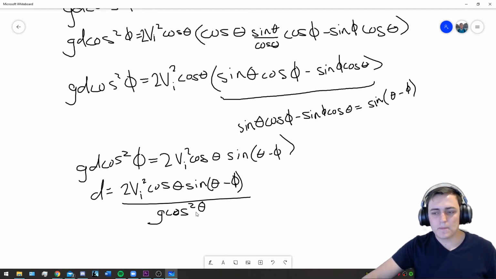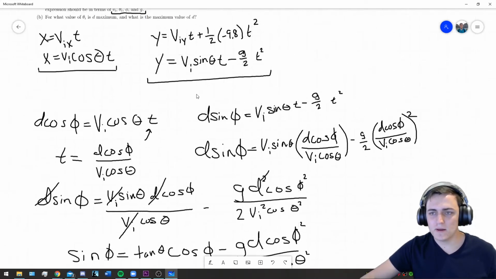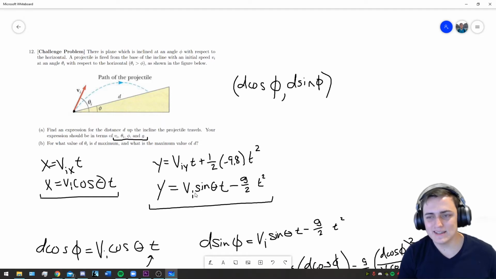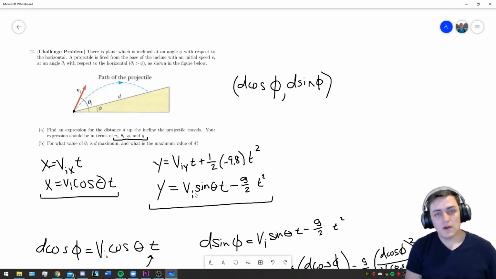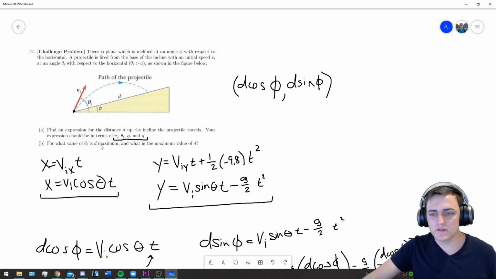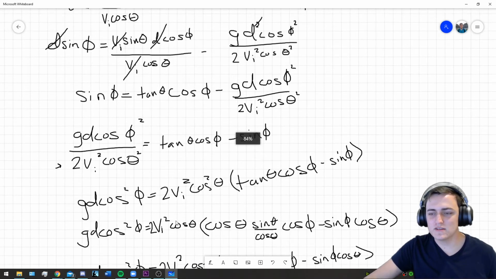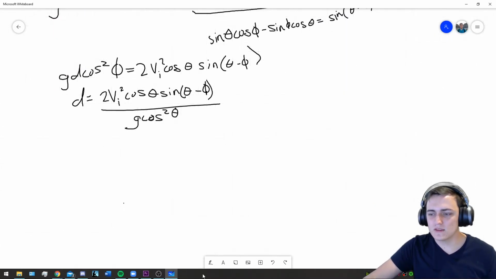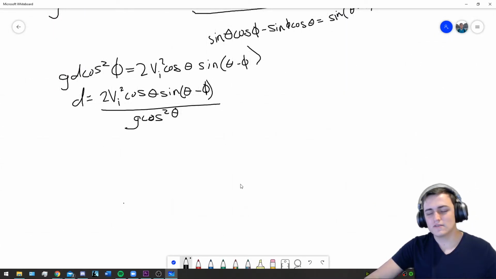Now, part B, go all the way back up, says to figure out for what value of theta is d a maximum, and what is that maximum? Well, if you remember, how do we find the maximum of d? Well, we have to take its derivative, right?